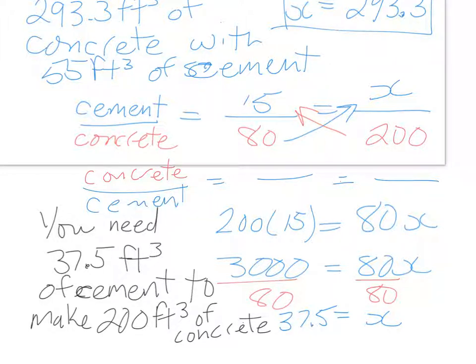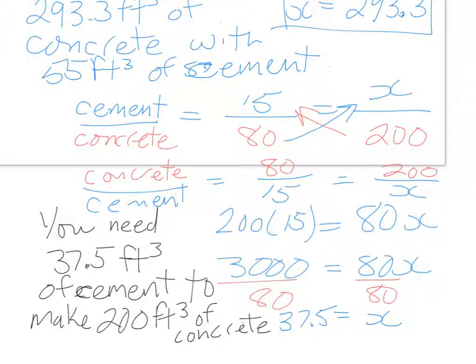And what you would have done is just put your 15 on the bottom because cement is on the bottom, and you would have put your x on the bottom because we were trying to find the amount of cement, and then you would have put your 80 on top because concrete is on top, so you would have put your 80 and your 200 on the top. And the math still would have worked out. Either way would work, okay?